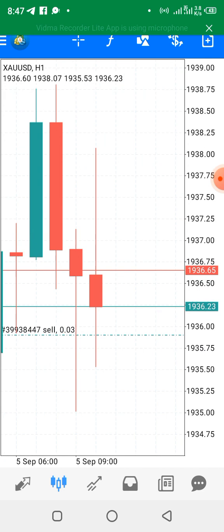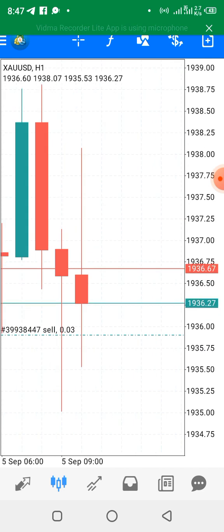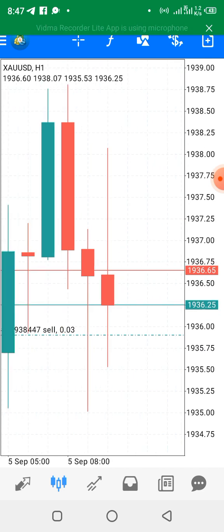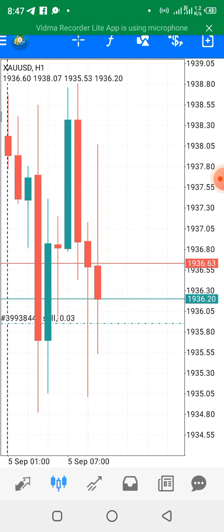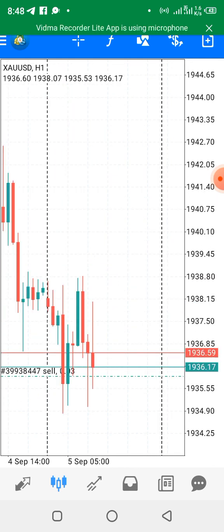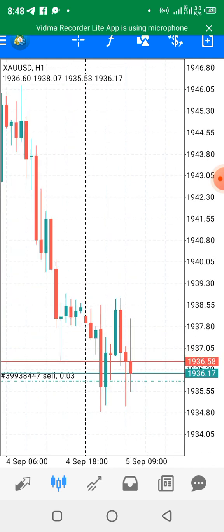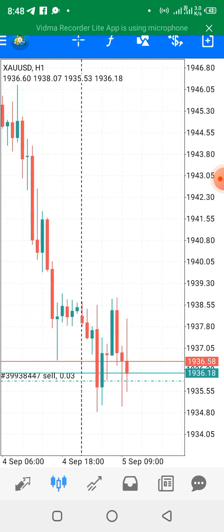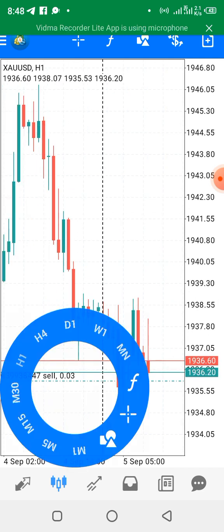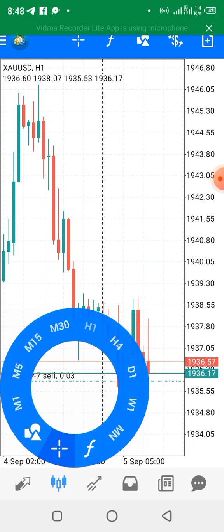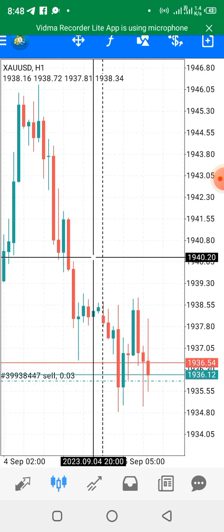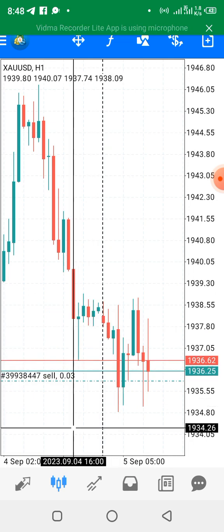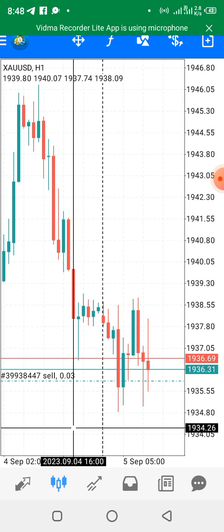Okay, so this is it. You can see that this market is selling, right? Let me compress this a little. You can see it is selling, right? Because the price is going down, it's falling. So let me get this highlighter, this black, it's like a cursor. It highlights the price for us and the time and date too.